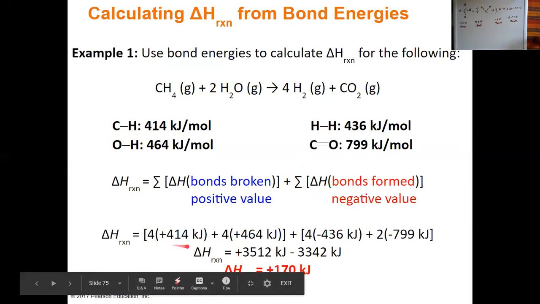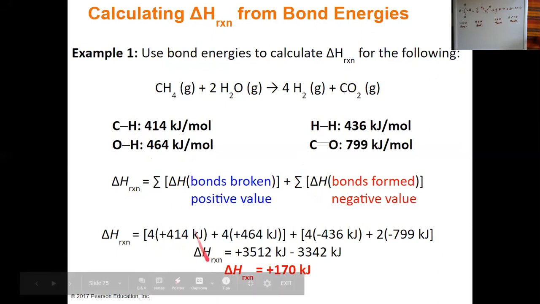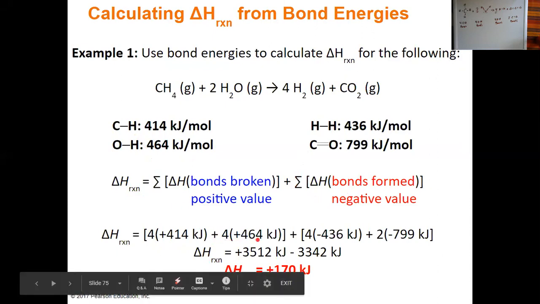So it's going to be 4 times the 414 for the CH bonds, plus 4 times the 464 for the OH bonds, plus 4 times negative 436 for the HH bonds, plus 2 times negative 799 for the CO bonds. That gives me an overall delta H value of positive 170 kilojoules.